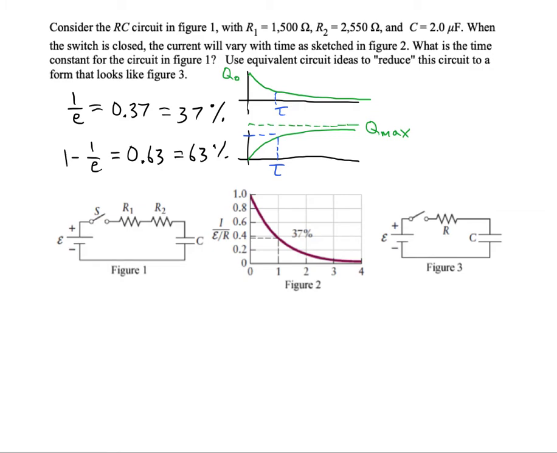So our goal here is to find the time constant. First of all, let's redraw the circuit where it has only one resistor, an equivalent resistance, which I'll call R_eq, and this is C. Our equivalent resistance is going to be the sum of the original resistances.